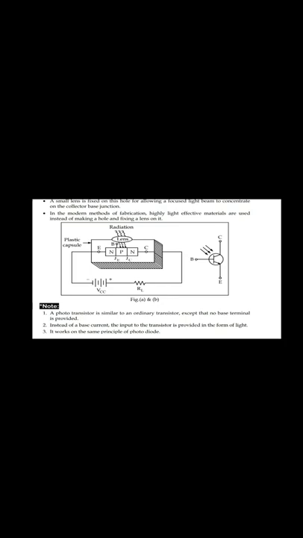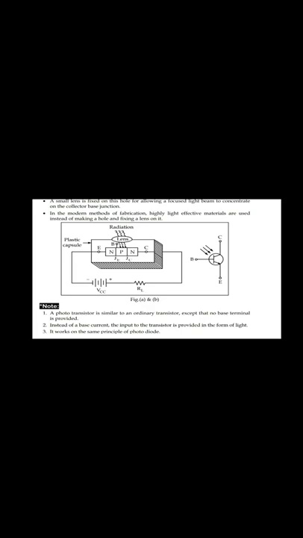Construction wise, it is packed in a plastic capsule and there is a lens across the PN junction at JC.